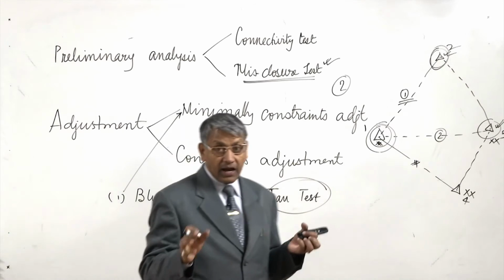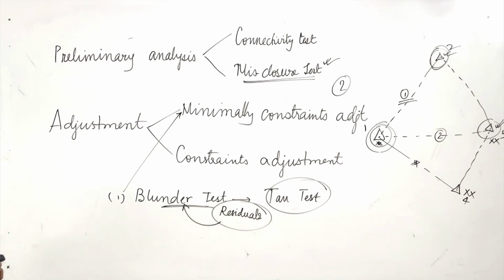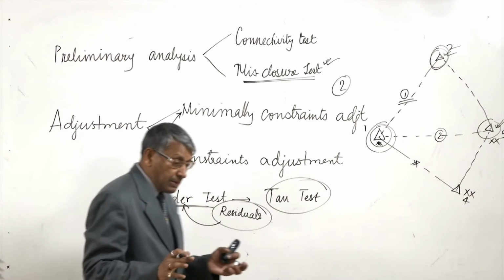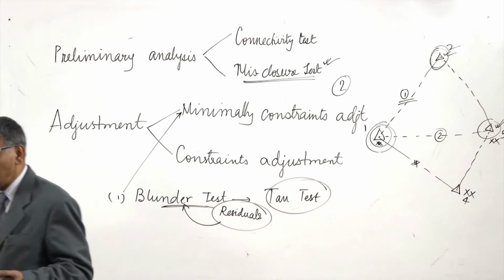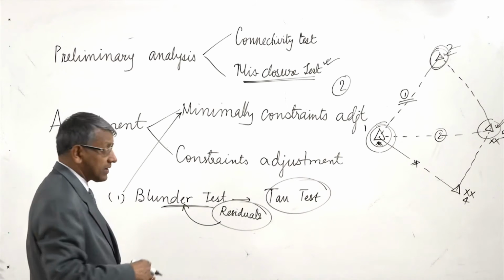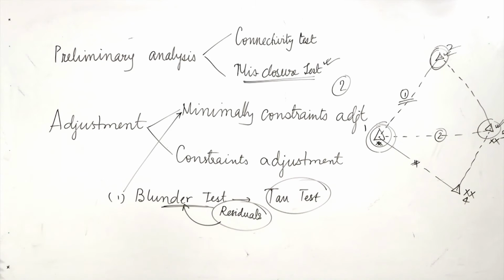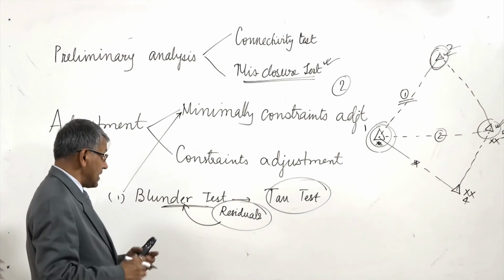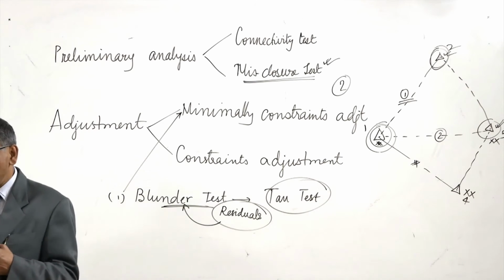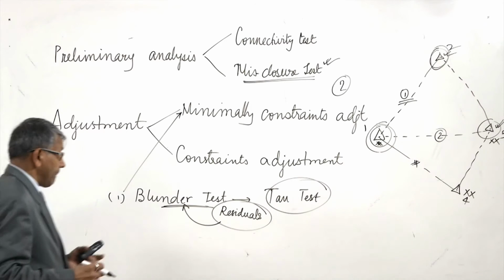If it is, then corresponding to that residual we have to find out which observable it is, and that observable has to be taken out from our observables, and we should go for the blunder test again, and see whether our observables are free from any blunder or not. So this has to be iterated till all the blunders are removed from all the observables.